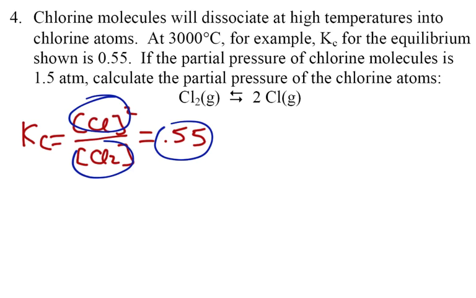So we're saying that the chlorine molecules, be careful, we're talking about chlorine molecules, so these guys down here is 1.5 atmospheres, so we can calculate this one. So if I know 0.55, I know this value, and I can find the other value. The problem here is they're not telling me the concentration of chlorine molecules.